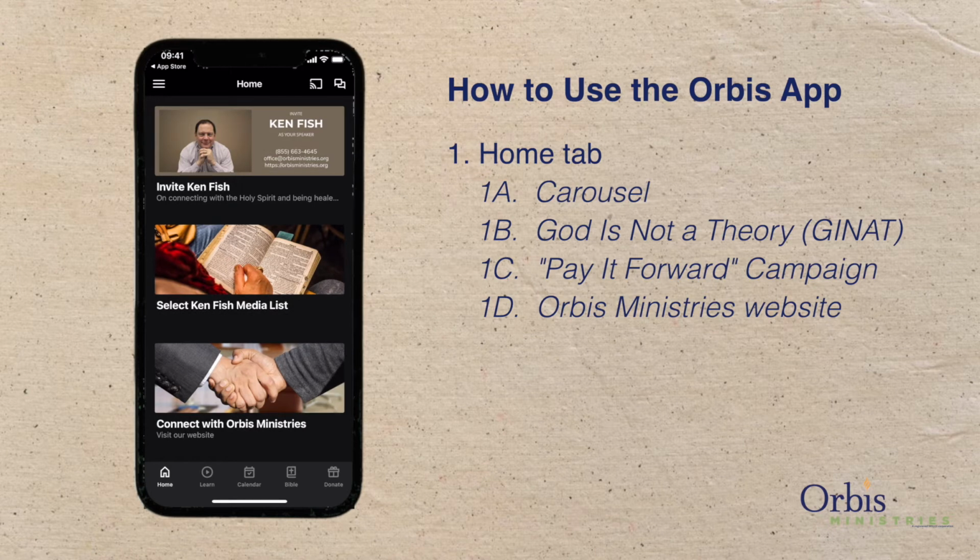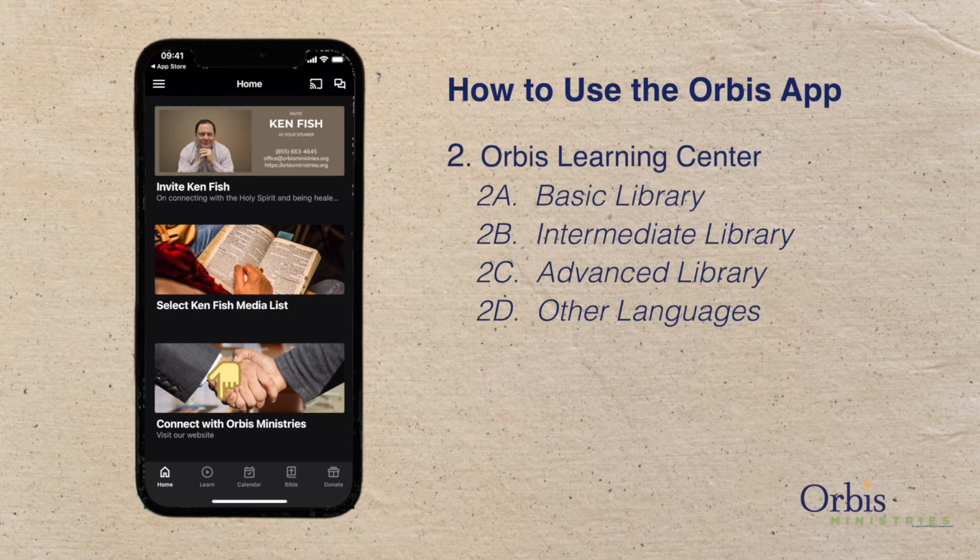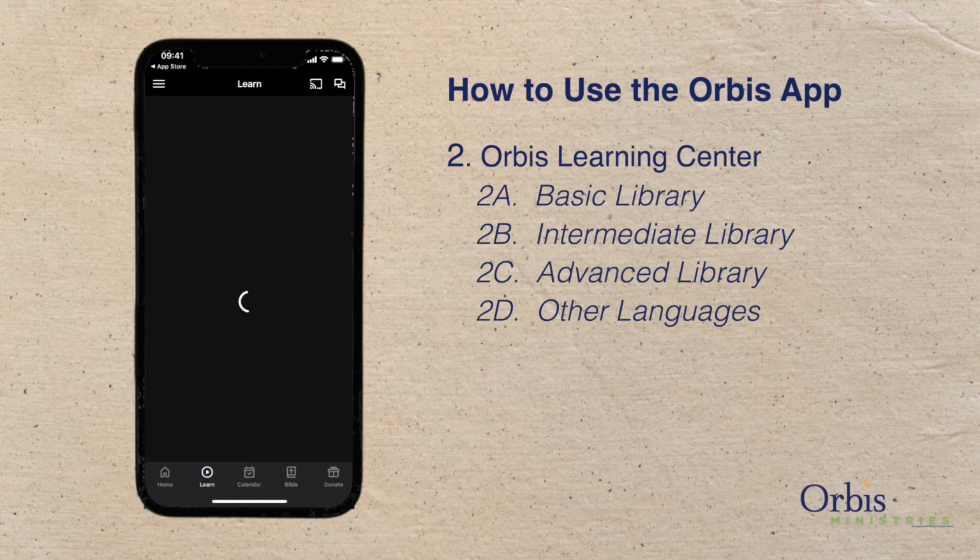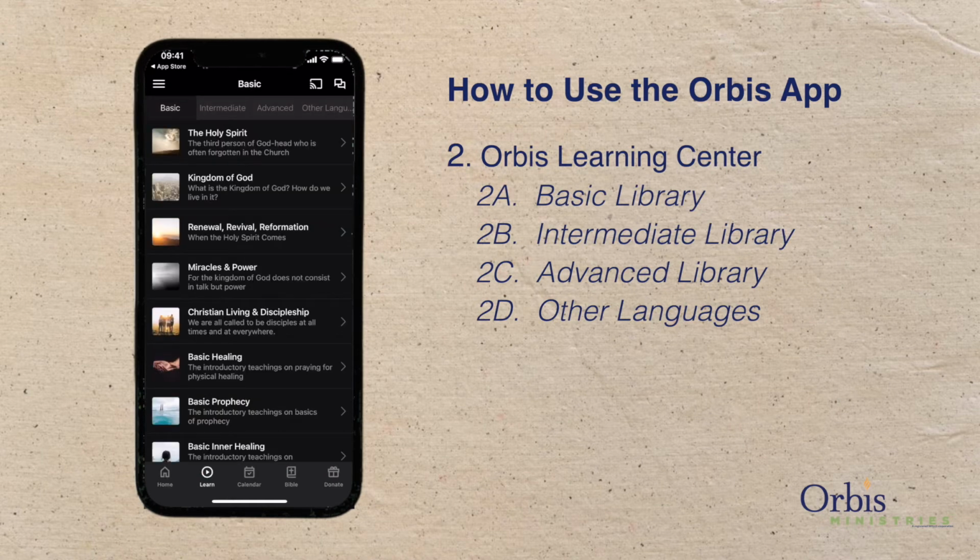The next tab on the Orbis Ministries app is the Learning Center. So let's click on that. This is where you can freely stream the archived content of Ken's sermons that have been accumulated over the years.